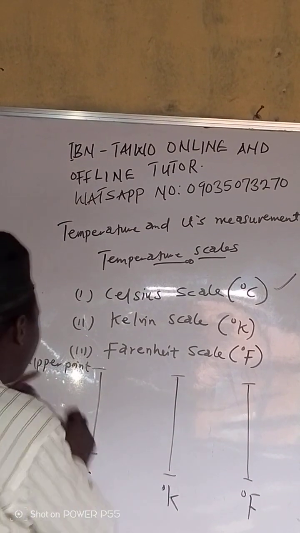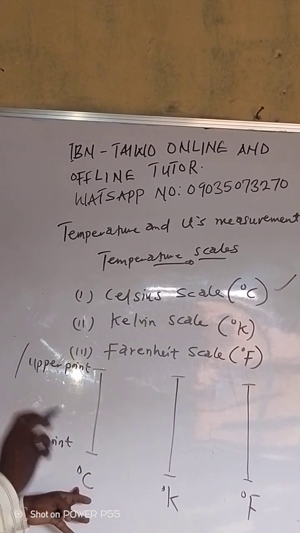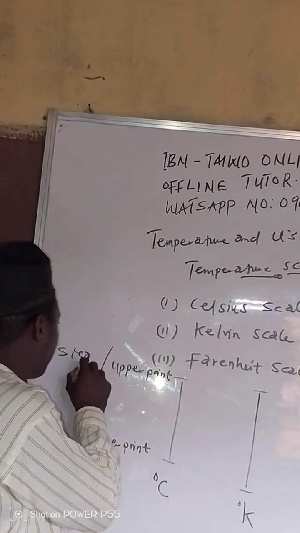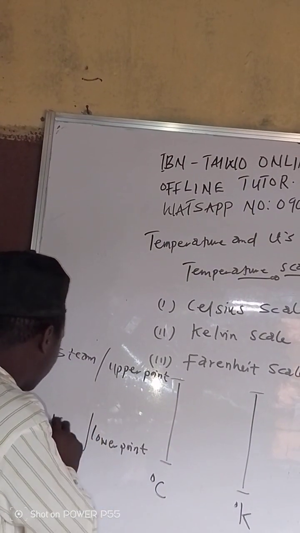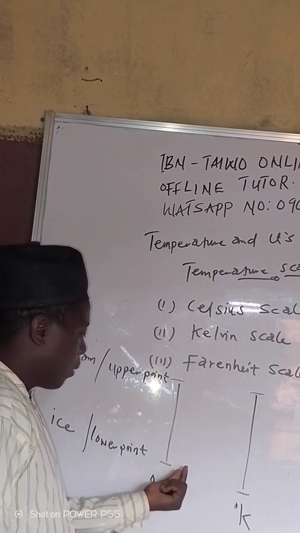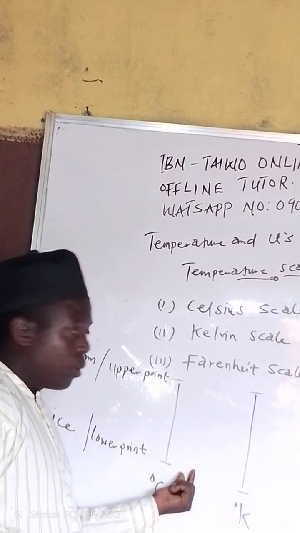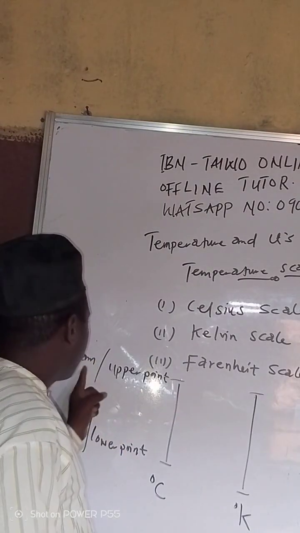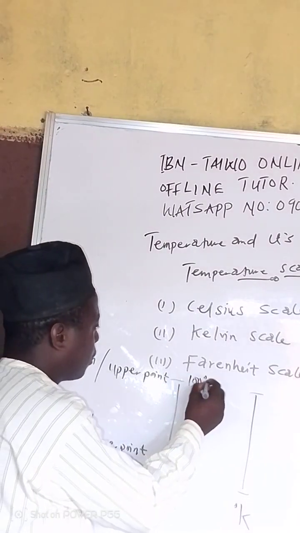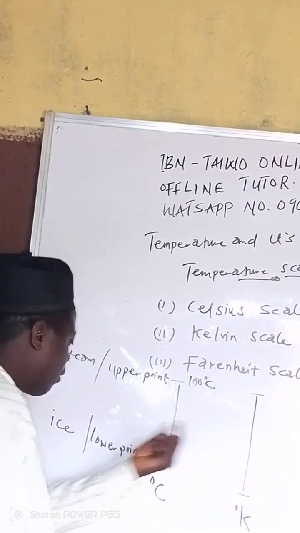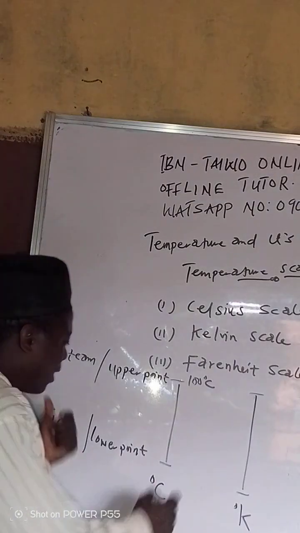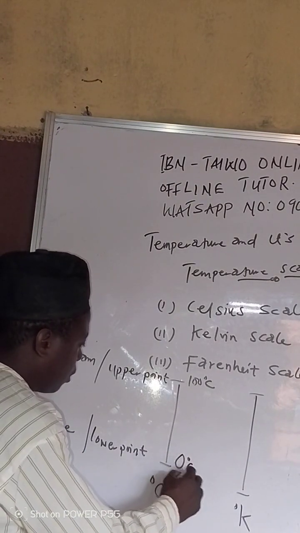Don't forget that for degree Celsius only, the upper point you can also call steam, while this one is ice. What is the value of the upper point, steam? The value of the upper point of steam is 100 degrees Celsius. The value of the lower point, or ice, is 0 degrees Celsius.